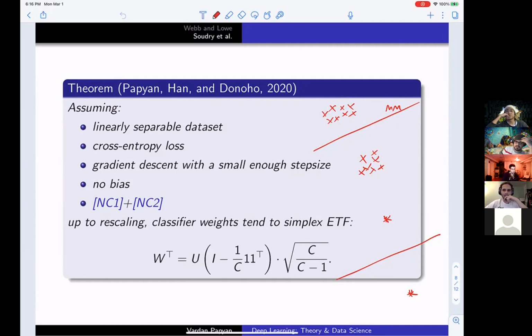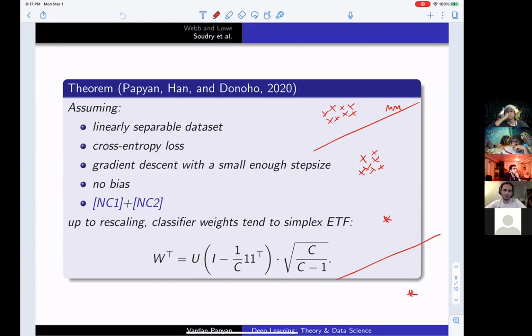Which ones don't we need? NC1 and 2, you said? Yes, that is correct, for neural collapse to happen. But ideally, you would want to prove neural collapse happens without assuming that the features are the simplex ETF. Because that's kind of too strong of an assumption, I would say.